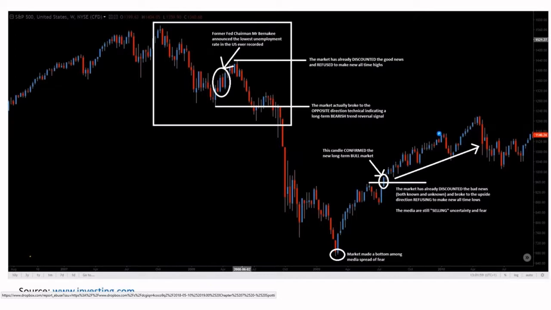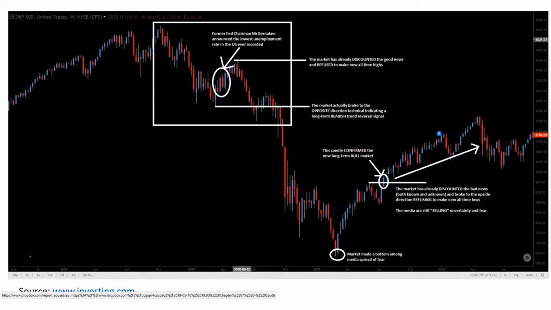So as I was saying before, we are looking at the weekly chart of Standard & Poor's 500. We are now approaching 2008, and you have seen that a decline has been made during the first quarter of 2008. And now the good stuff starts. At this point here, in the US, the Labor Department has announced the lowest unemployment rate ever recorded, and I think it was a bit lower than 3%.